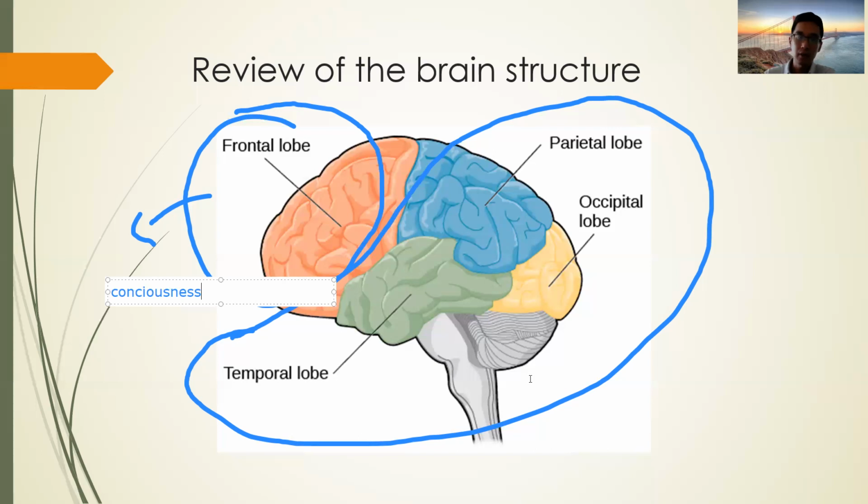And in the frontal lobe, there's also the motor cortex, which controls movement. So we can voluntarily control our body to do all kinds of movements. That is because consciousness happens in the frontal lobe. So there is a lot of unknown area inside our brain that we do not have consciousness of.